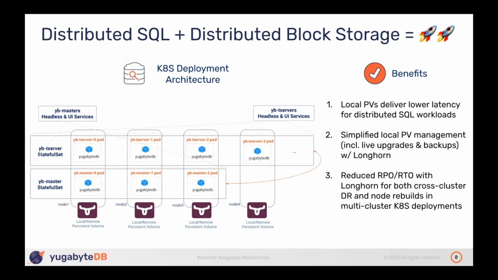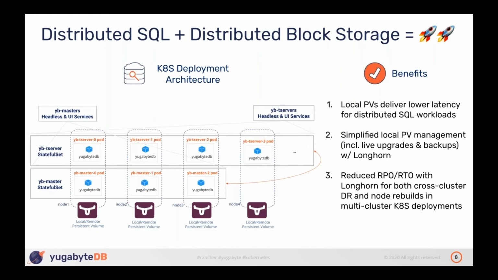But the challenge with local PVs is that you are obviously dependent on the replication that is happening at the database layer to keep your data protected. What if we can add another layer of protection into such persistent volume management by using Longhorn? That will be awesome, because now we can bring down our RPO and RTO when things go bad.